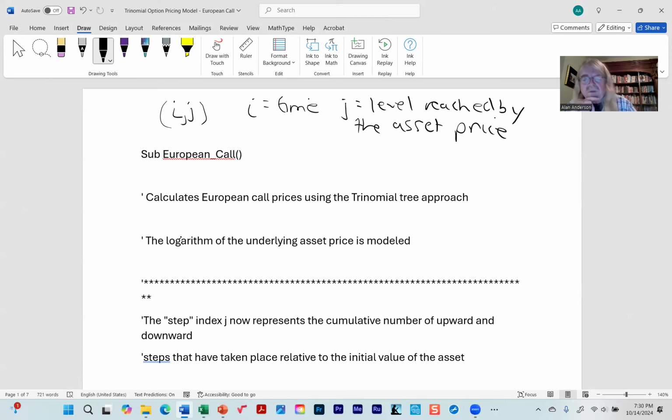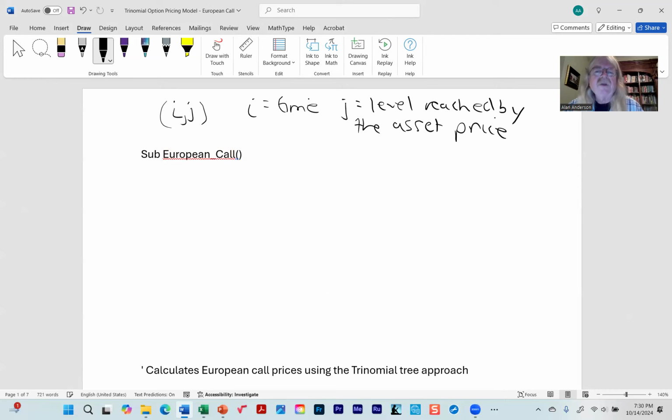But if you remember, with the binomial model, at the bottom branch, j was equal to 0. Let me just make some space here so we can draw another example of this.